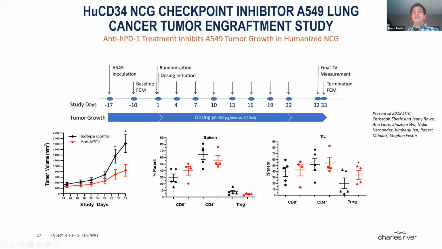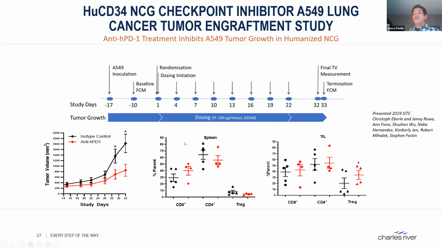As you can see in the left-hand graph, and you're going to see a lot of graphs that look like this, in the isotype controls we see expected tumor growth, but the divergence in tumor growth and kinetics is dramatically impacted by the presence of PD-1 alone.